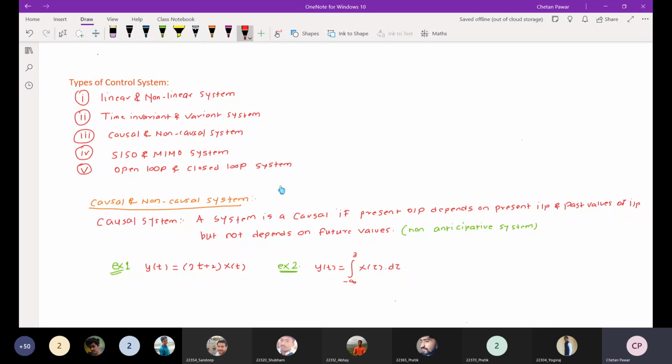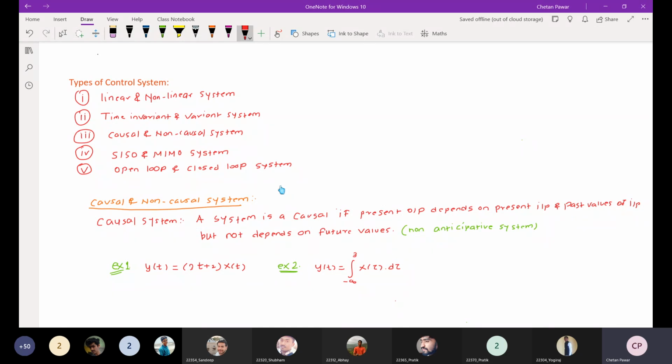Then next are the causal and non-causal control systems, which we will see. Then single input single output and multiple input multiple output control systems. And then open loop and closed loop, which we have seen in the first lecture, in the introduction of the control system. So let us start with the causal and non-causal system. What is the definition of a causal system?